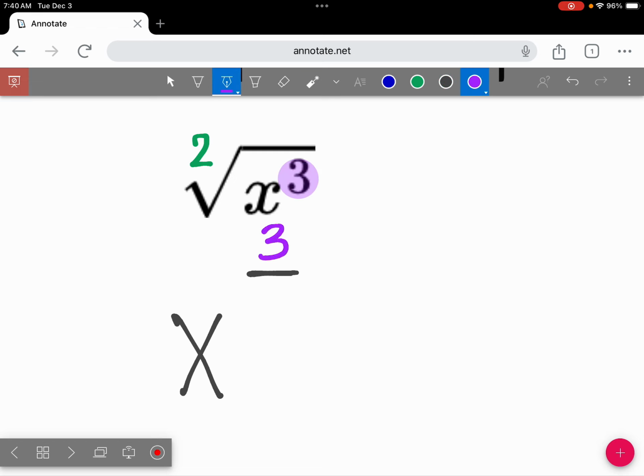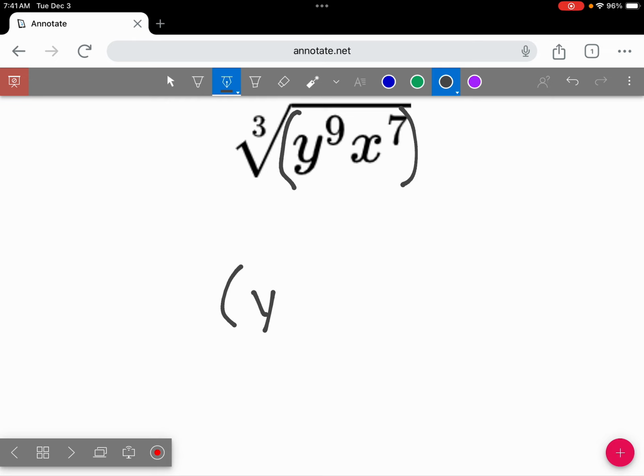Let's do the right one. Whenever we have a chunk, treat it as a chunk to start. So I'm going to have my chunk, y to the 9th, x to the 7th, getting raised to what power? What's our fraction going to be? 1/3. Yes. The combined group has a power of 1.